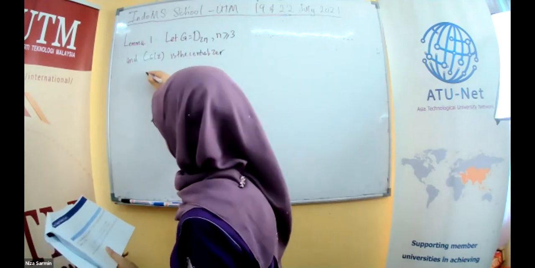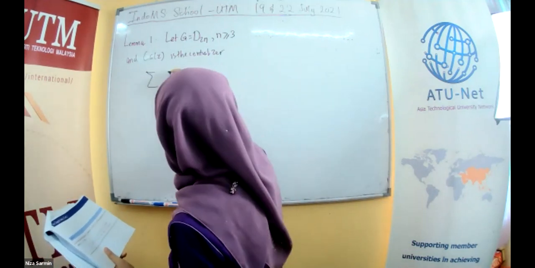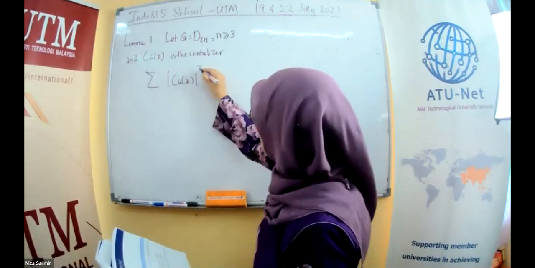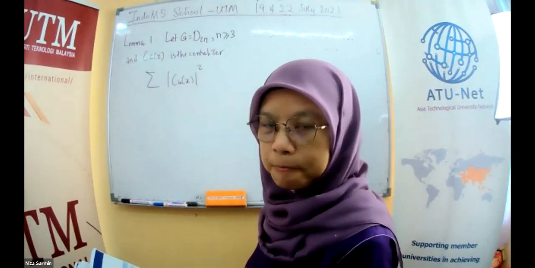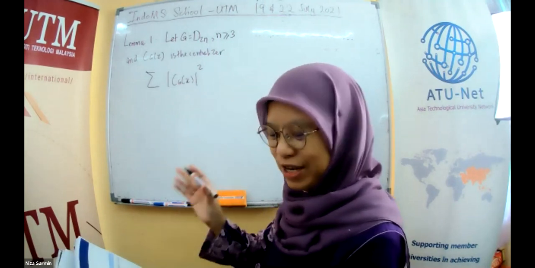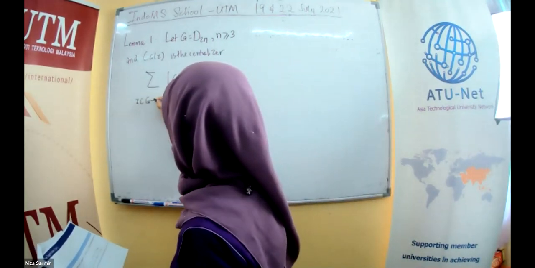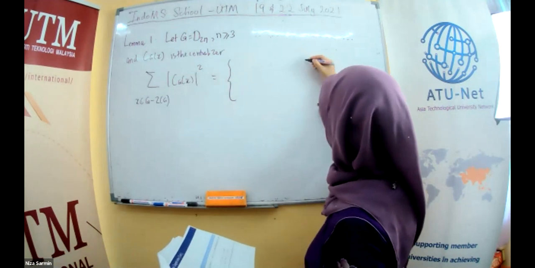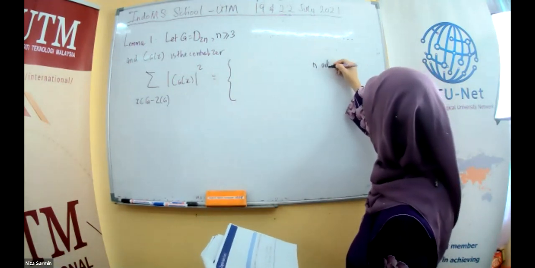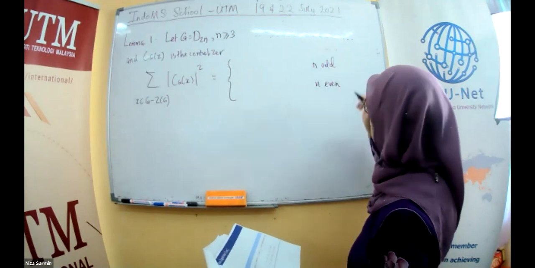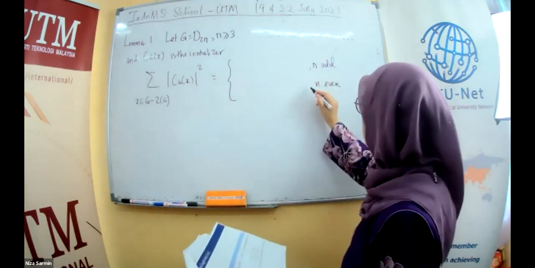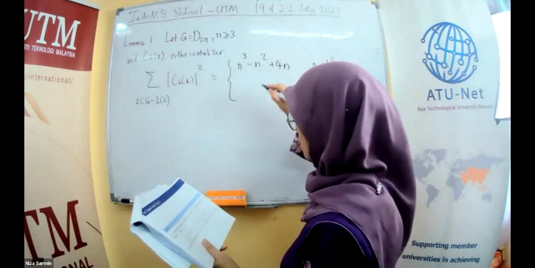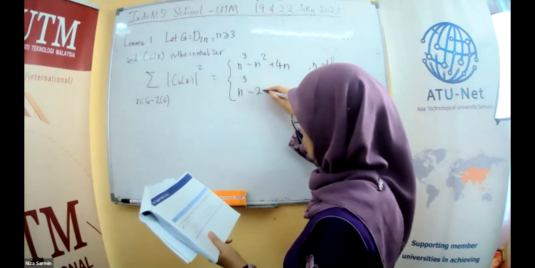The centralizer and the order: the sum of the square of the order of the centralizer, when we take out the center, again we have to separate into two cases. One is when n is odd, and another is when n is even. And this is equal to n cubed minus n squared plus 4n, or n cubed minus n squared.